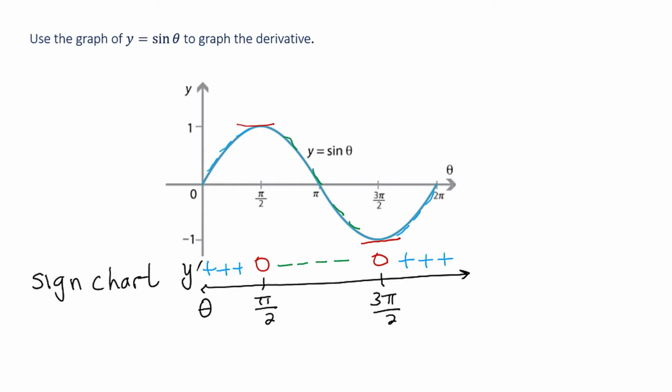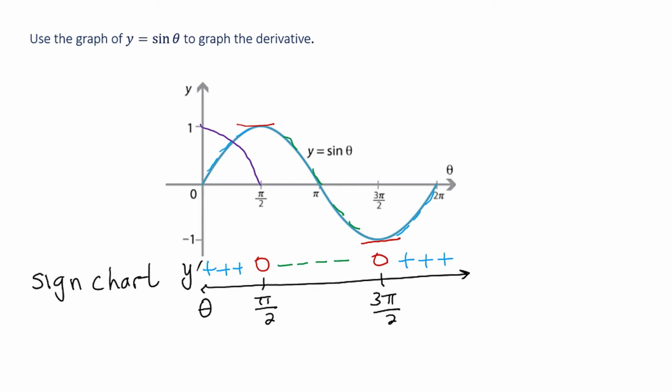We are going to use that sign chart to get the graph of the derivative of the sine function. What will that look like? Where the sign is positive, the graph of the derivative is going to be above the x-axis.